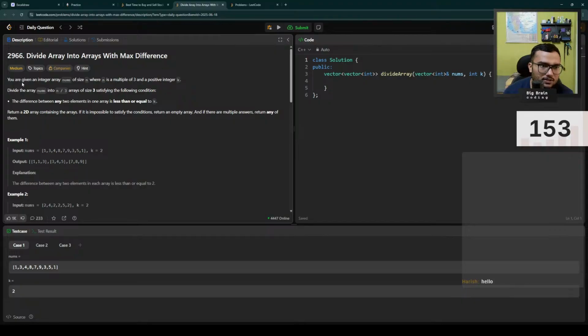Return a 2D array containing the arrays. If it is impossible to satisfy, return an empty array. If there are multiple answers, return any of them. Okay, the size of nums is n, n is a multiple of 3, and a positive integer k.